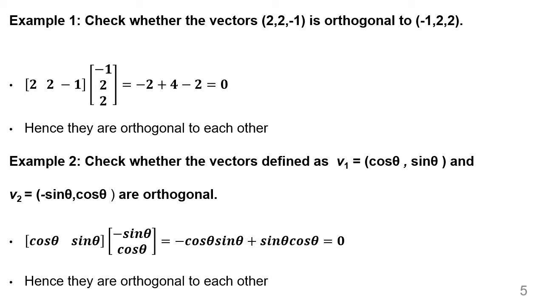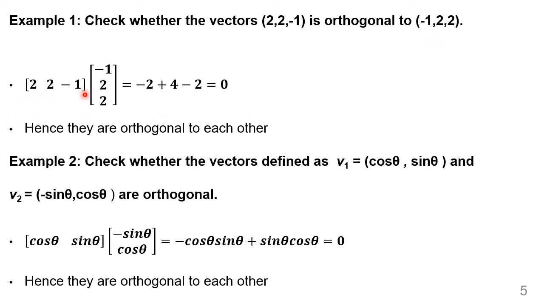The first example is we need to check whether the given vectors 2, 2, minus 1 and minus 1, 2, 2 are orthogonal to each other. So we know that x dot y, or x transpose y, should give us 0 if they are orthogonal to each other.